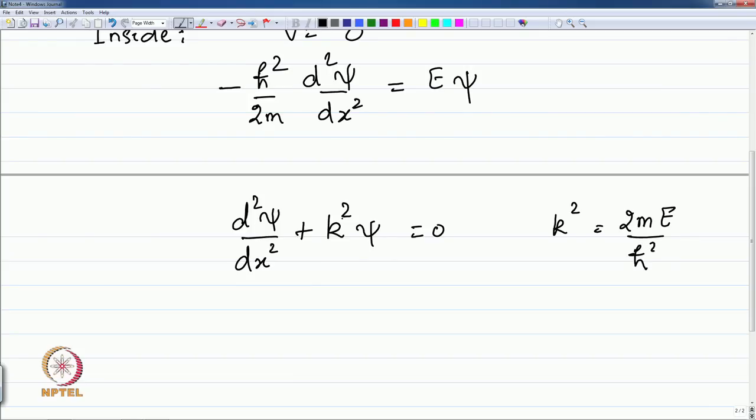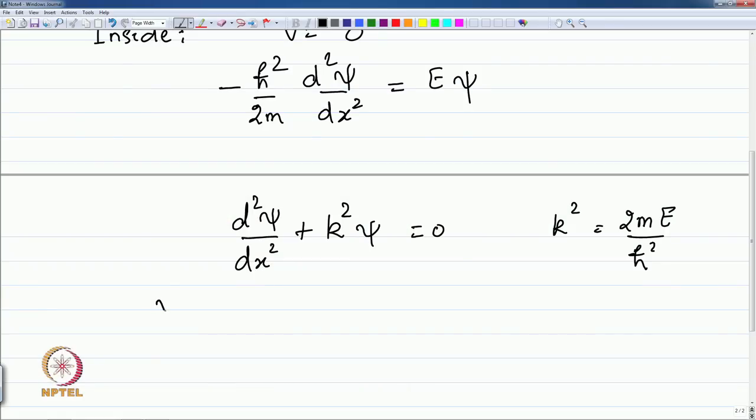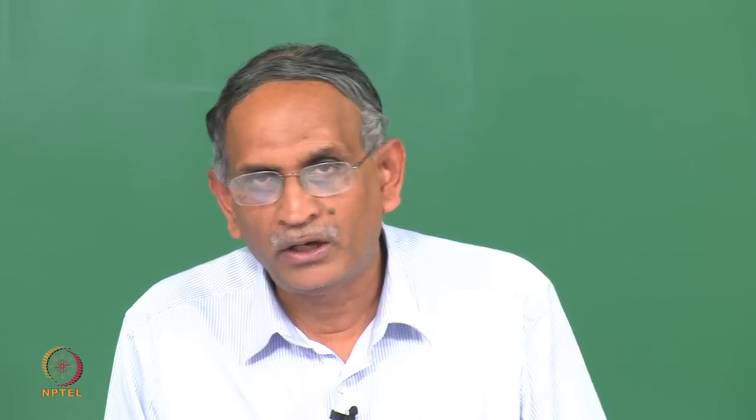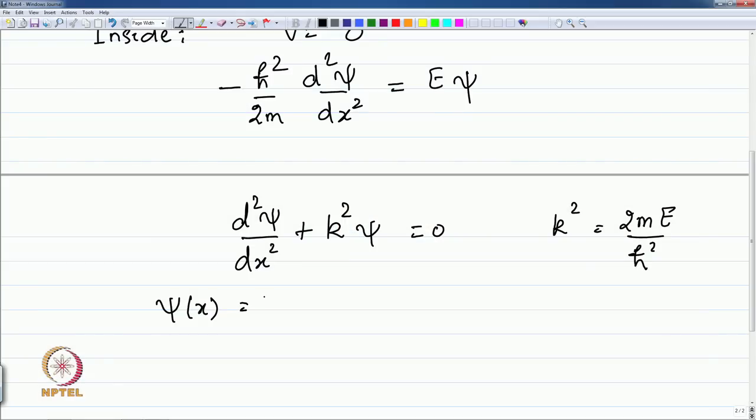This k² is positive obviously, and therefore what you have here is a simple differential equation of second order, and you know such solutions can be obtained from either trigonometric functions or the exponential with imaginary argument. Let us use the trigonometric function.